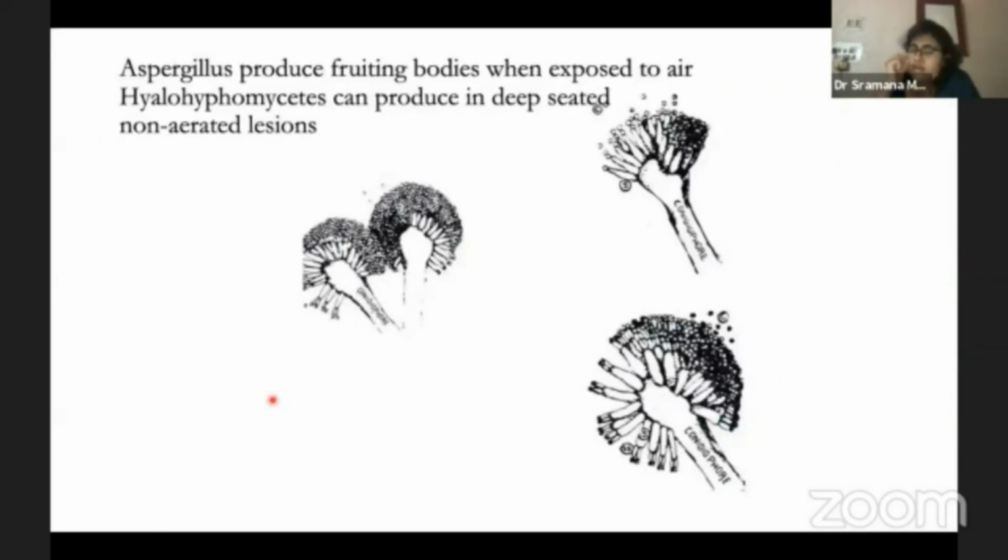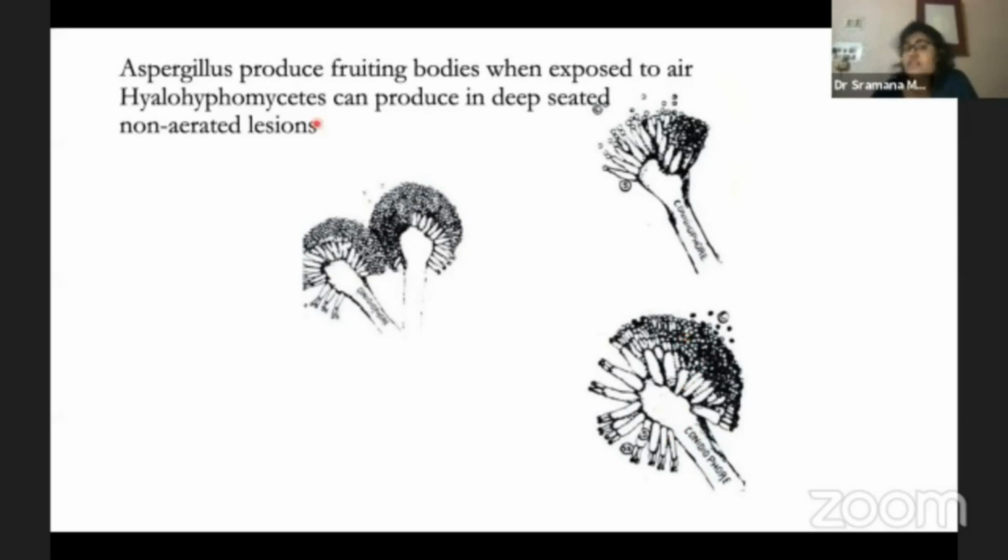So one very practical tip is to identify fruiting bodies. Now, Aspergillus will produce fruiting bodies only when they're exposed to air. So if you have a fungal ball in a lung cavity or a paranasal sinus, and a specimen is coming from there, because it's more aerated, the pathologist may pick up conidiophores with the sterigmata and the conidia and can give a confident diagnosis that this might belong to hyaline fungi, that is Aspergillus species.